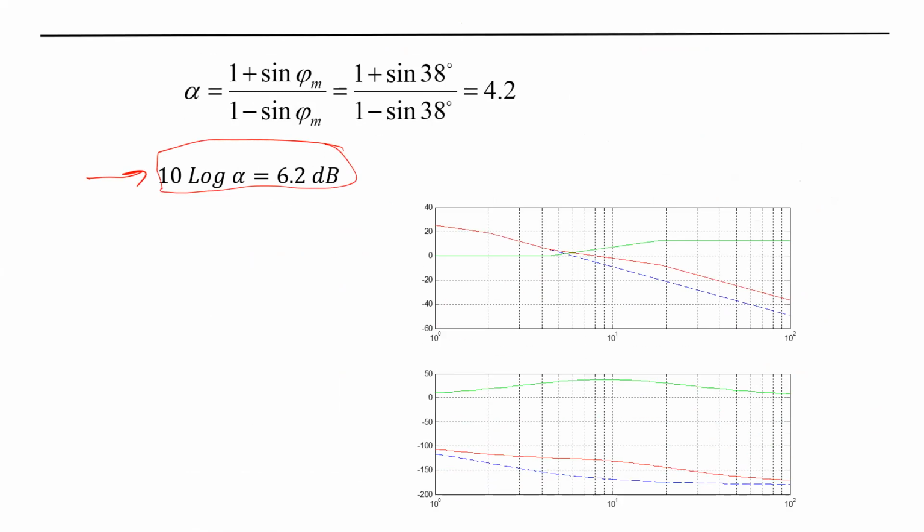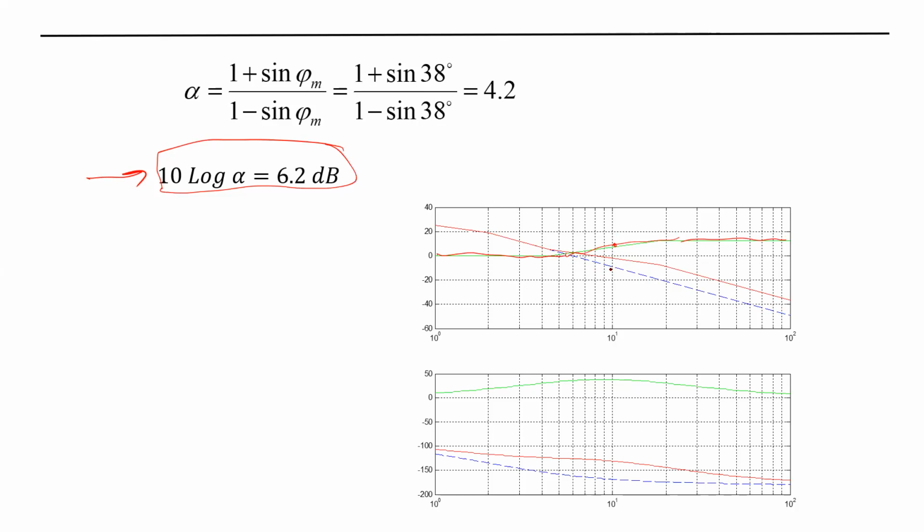That's basically in here. Look, the uncompensated system is the blue one, and the green is my compensator. So this point, basically the 6.2 dB, I'm adding it to the system.